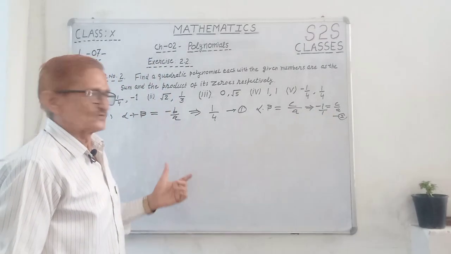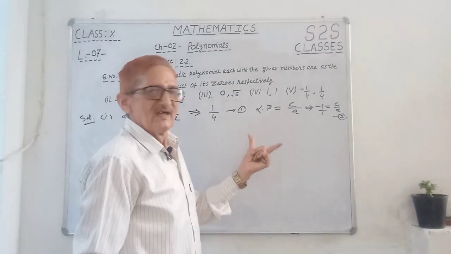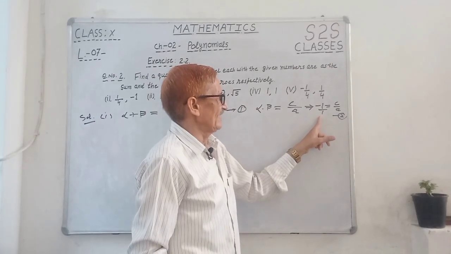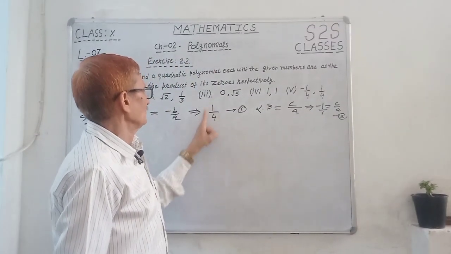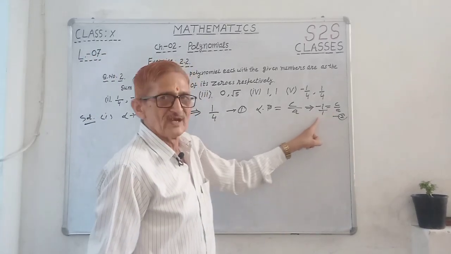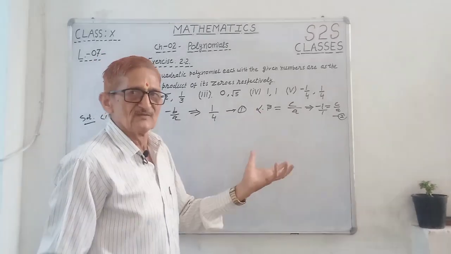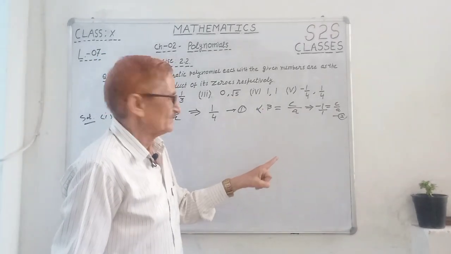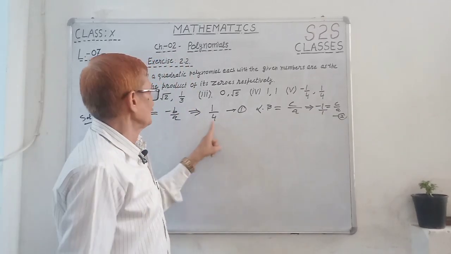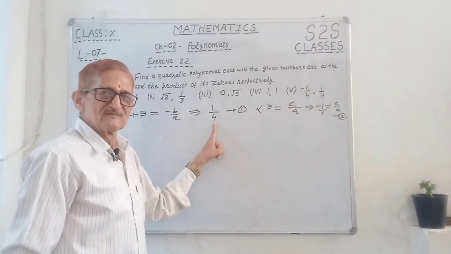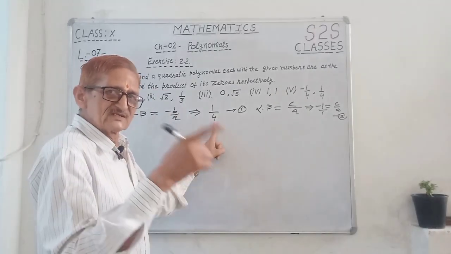So we have to take the LCM of the numbers: c upon a has value minus 1 upon 1, and minus b upon a has value 1 upon 4. If we compare, the denominator is a, and a must be the same for each question. Here a is 1, and here a is 4. So how will it be different?